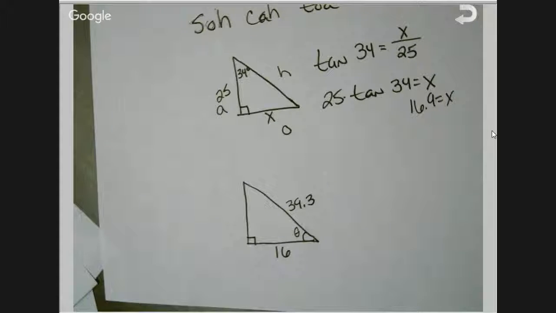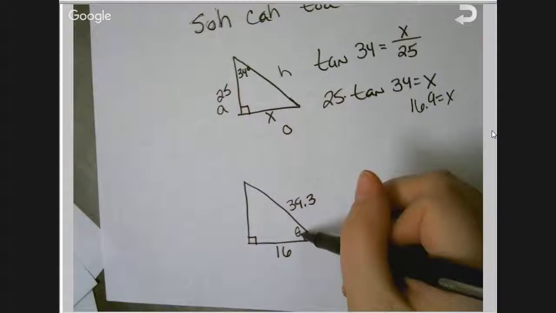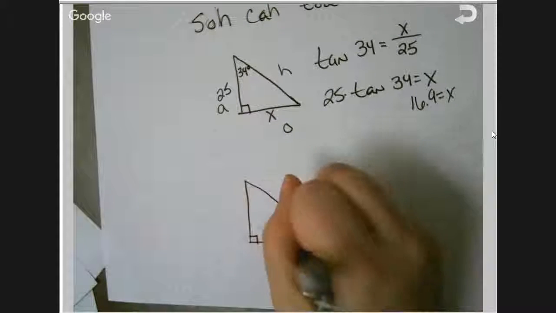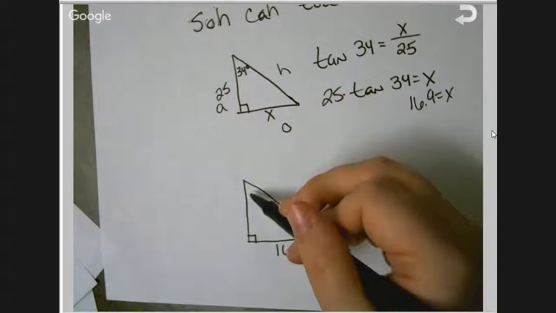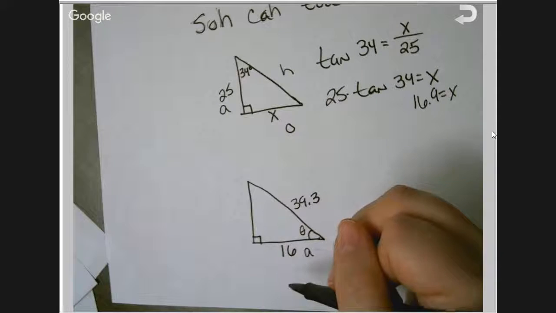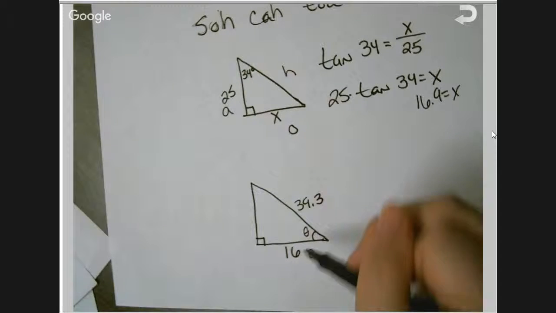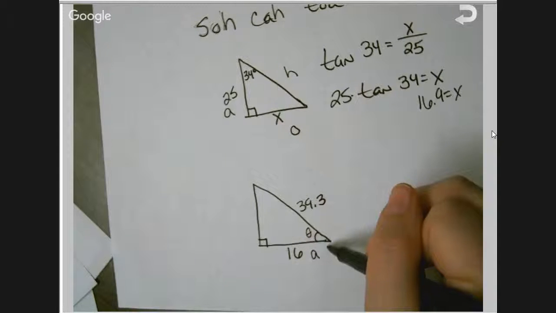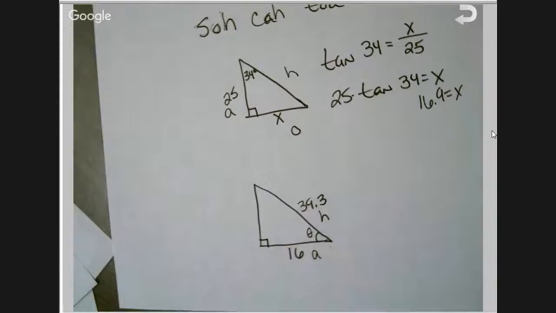Okay, so you're going to look at it and say, compared to my angle, what do I have? Because it matters where the angle is compared to what you're using. Because at this angle, this is adjacent. But if I was using this angle, it would be opposite. So you have to think about it for that specific angle. So we have adjacent and we have hypotenuse. What is that going to use?